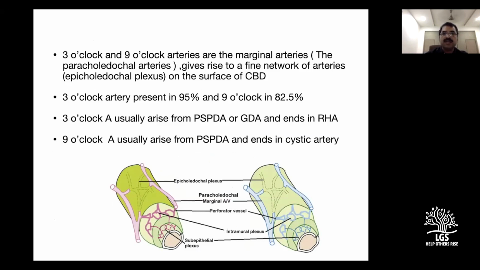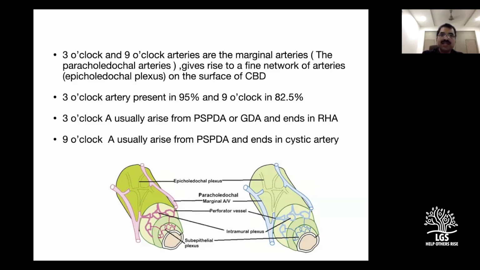They are known as the paracholedochal arteries, and they give rise to a fine network of arteries on the surface of the CBD, known as the epicholedochal plexus. From the epicholedochal plexus, vessels penetrate the wall of the CBD and finally form the subepithelial plexus and intramural plexus in the bile duct.